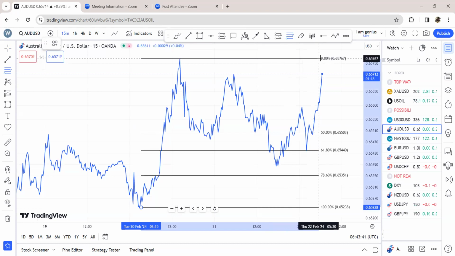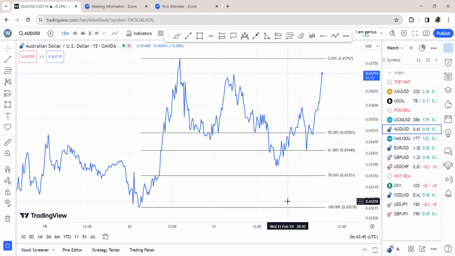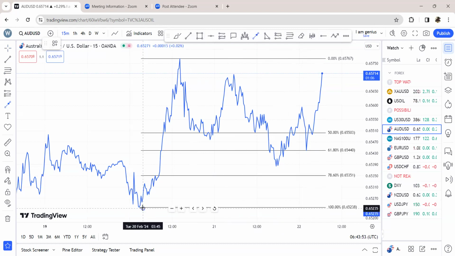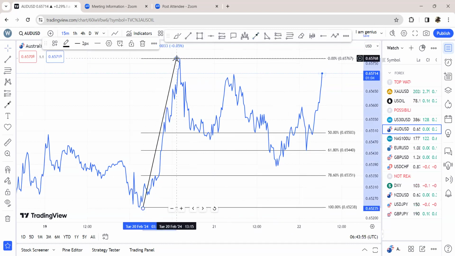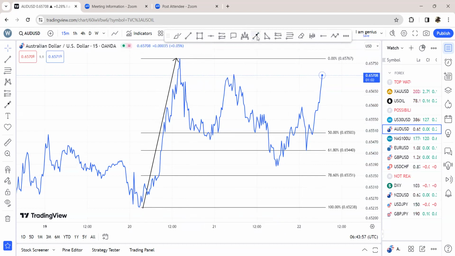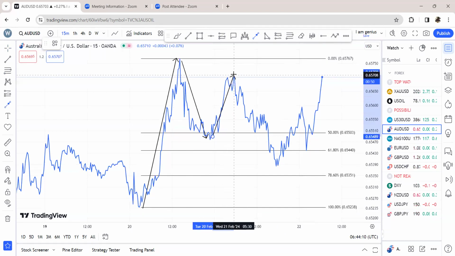Now you have that level there. Now you can see that once the market went right up from this, it had this strong impulsive move, then there was this move down and it turned exactly at 50 going upwards.